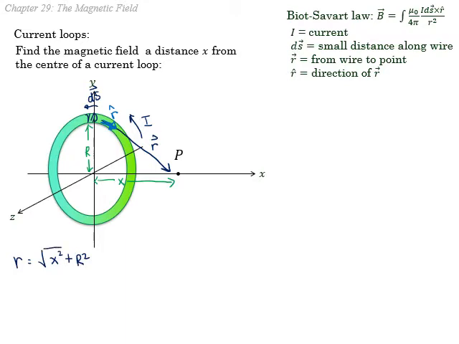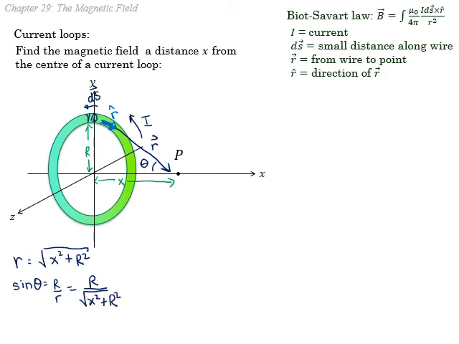It's the hypotenuse of a right-angled triangle. We know we're going to be doing vectors, so we're going to need to use an angle. Let's identify an angle. I'll call this angle theta, and I can use sine to find my angle. So sine theta is equal to opposite over hypotenuse, so radius of the loop divided by the distance between ds and our point. And I can fill in what I just wrote down for my r.